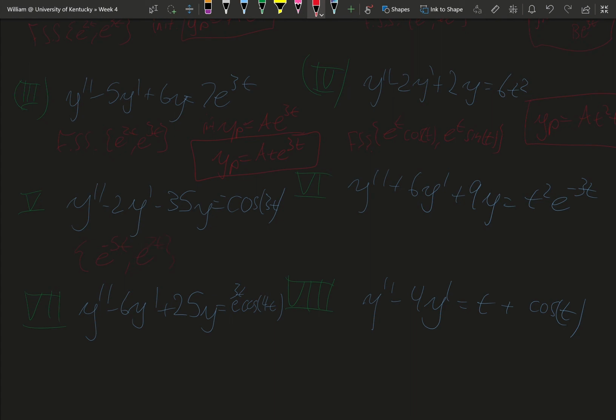No problem with the cosine, so our final guess is a cosine of 3t plus b sine of 3t.